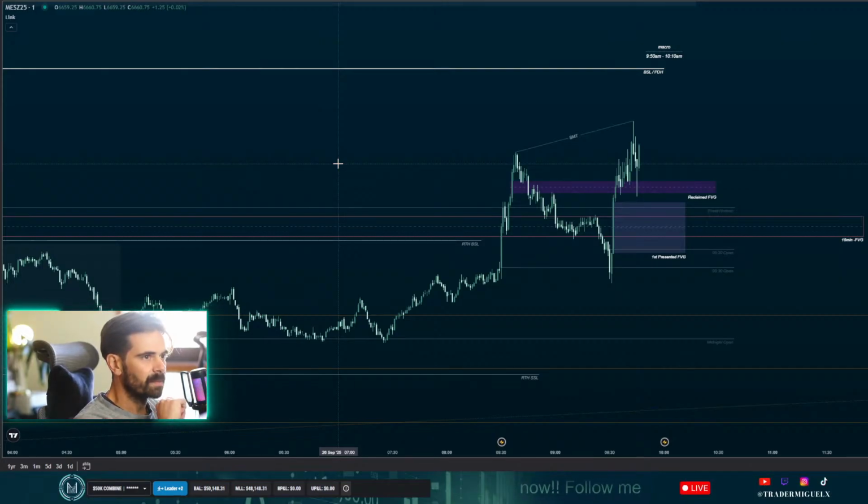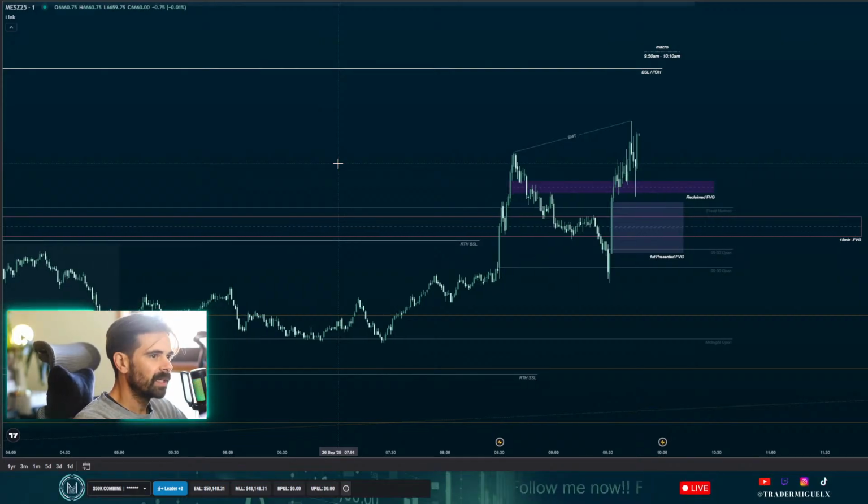At this point, I'm still waiting, just observing how price is behaving. If you look into the 15 minute on NQ, it's kind of a messy price action. So that's why I'm giving time to the market to stabilize and eventually decide what it wants to do. So nice rejection here from the reclaimed fair value gap.